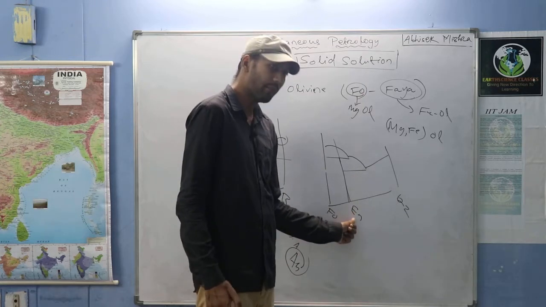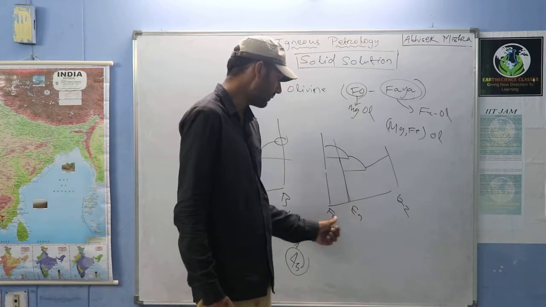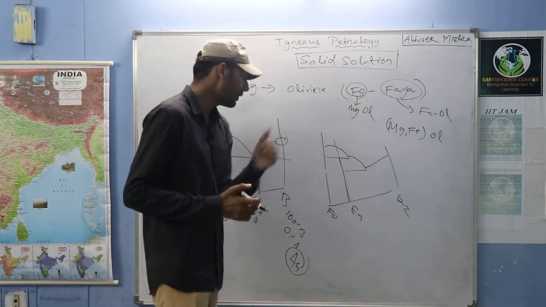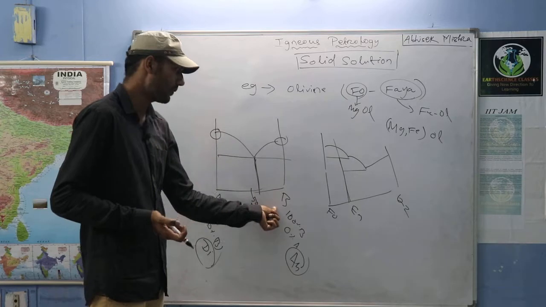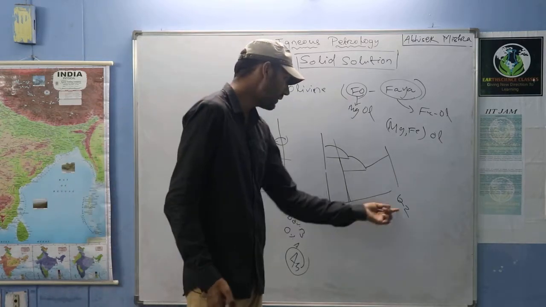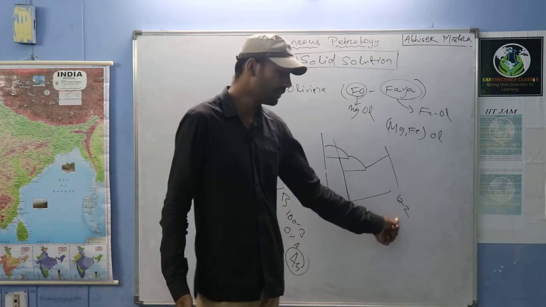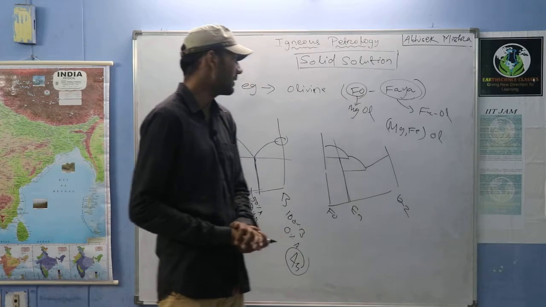So there is one middle compound, the combination of forsterite and quartz. In eutectic there is no middle compound. In peritectic there is one middle compound, which is the reaction between forsterite and quartz giving enstatite.